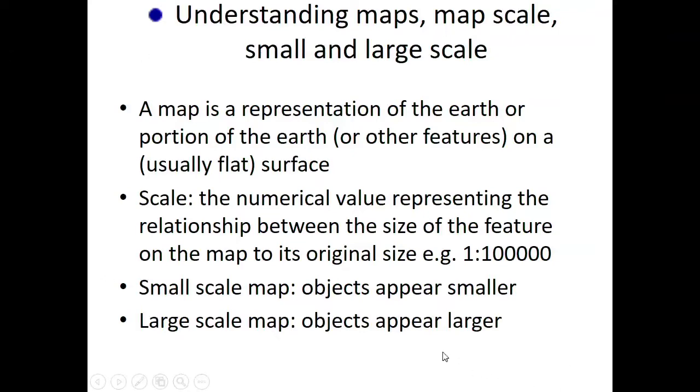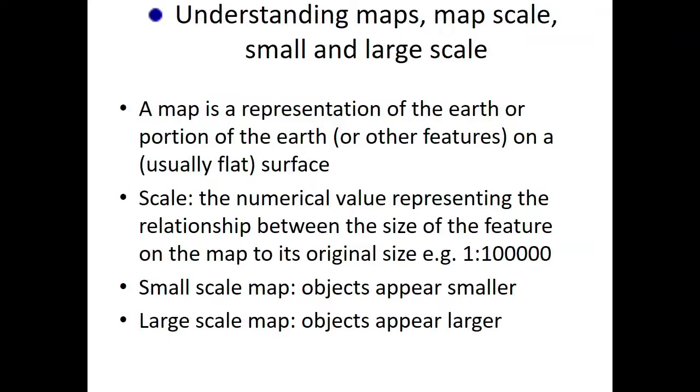So as you can see, the difference between a small scale map and a large scale map, I try to put it very simply here. If you ask what a small scale map is, we are actually saying that the objects appear smaller, while on a large scale map objects appear larger.